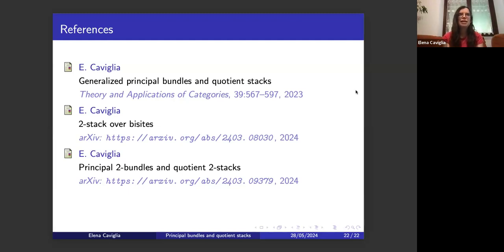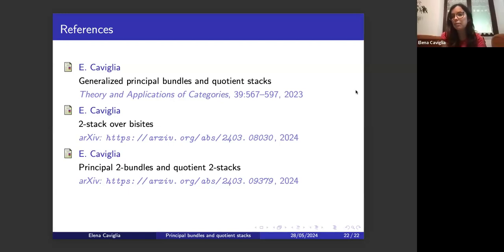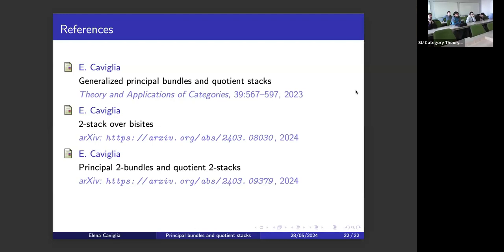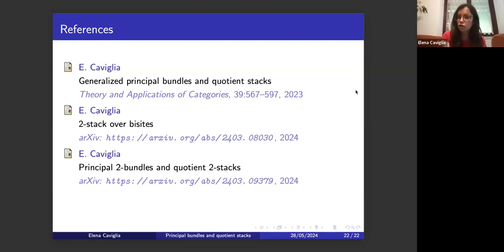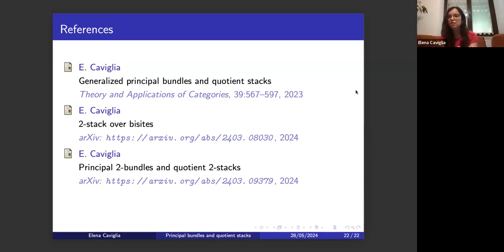And so the idea is that these generalized quotient stacks, and in particular the generalized classifying stacks that are obtained when X is the terminal object in the category, will allow us to compute different kinds of cohomology. For example, stack cohomology or cohomology with coefficients in sheaves and things like that. So the idea is that we can use this theory to compute cohomology.